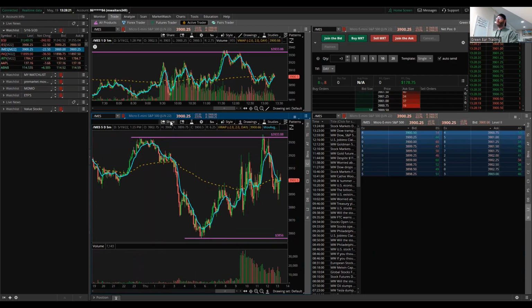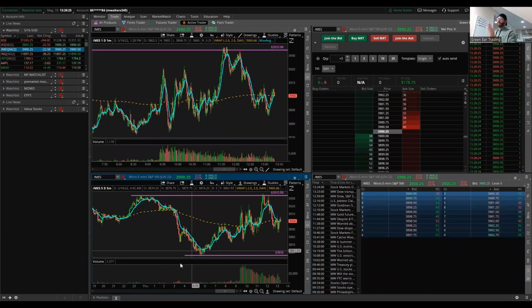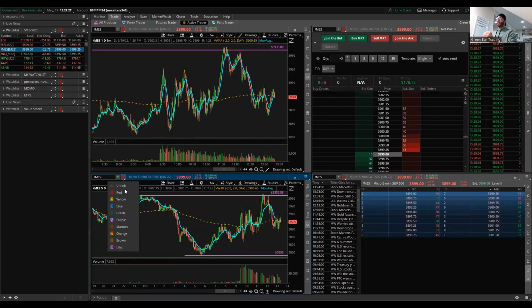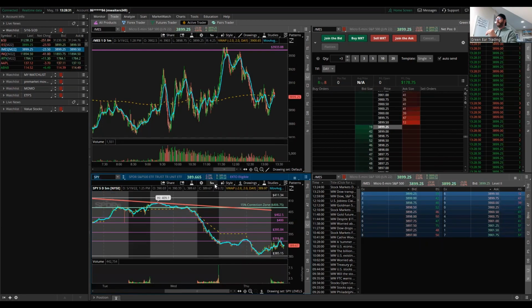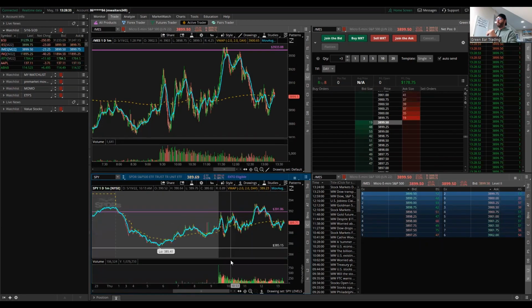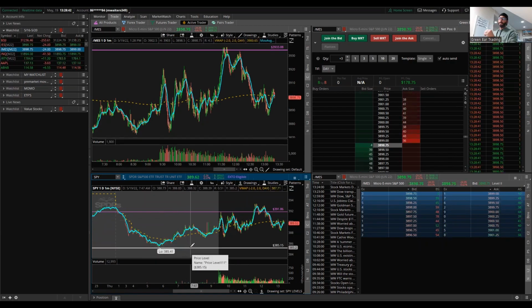But that's not all we use to trade. So while that's great to know, I also like to have the SPY down here. So having the SPY down here, and we'll look at it on the 1 minute, having key levels on the SPY is also very important, because you can see there in the futures market, the high was a little bit higher.